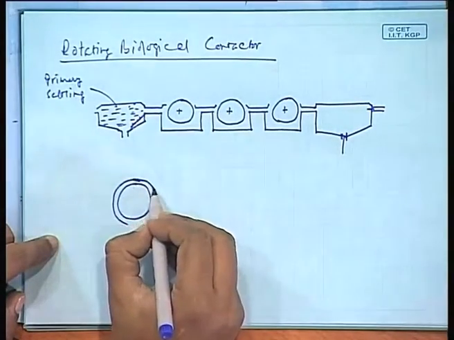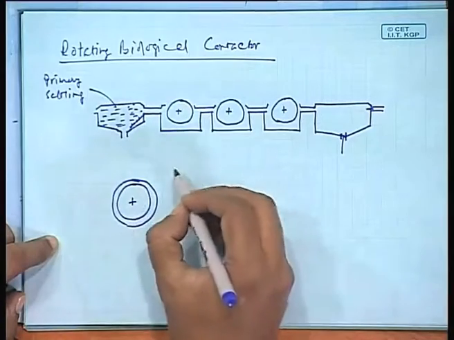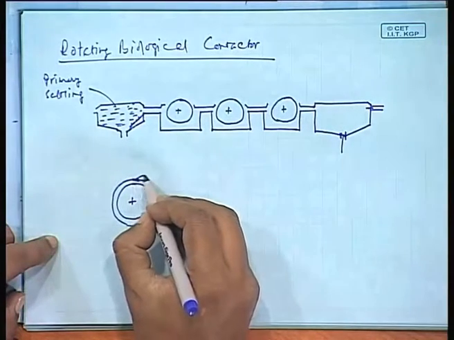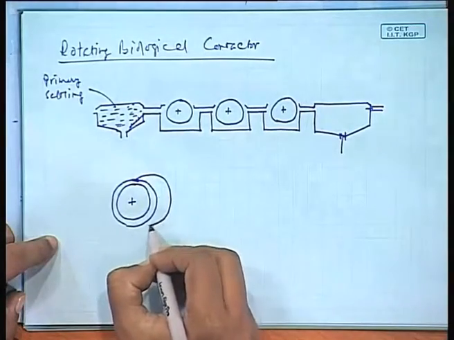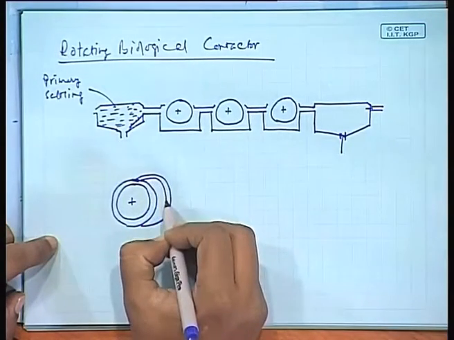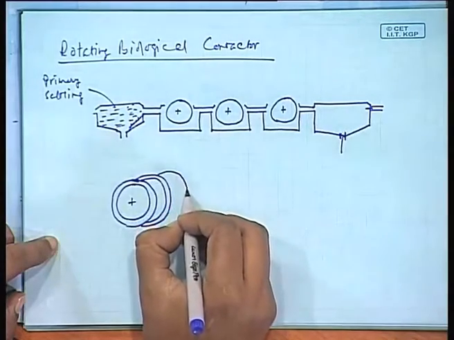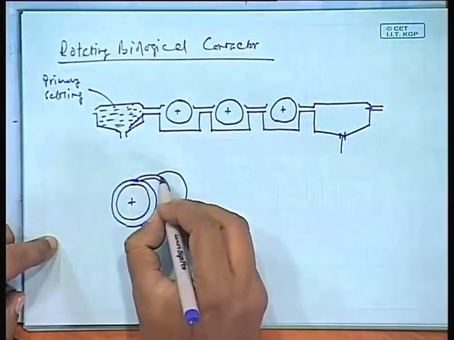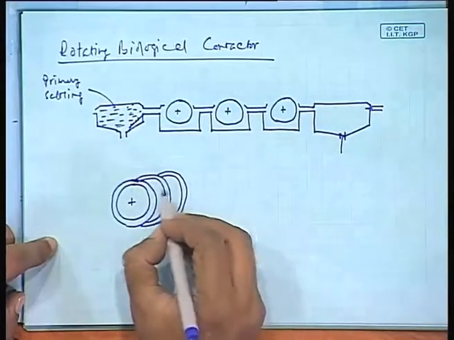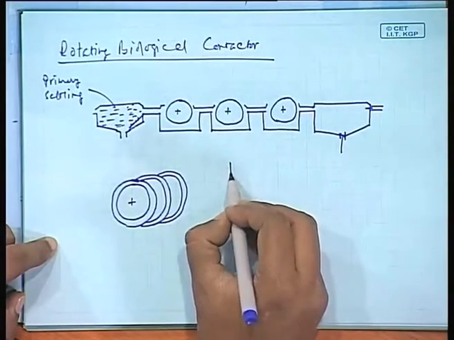If you observe these rotating discs, this is how they would look from one view, or else you can say they would be like this.